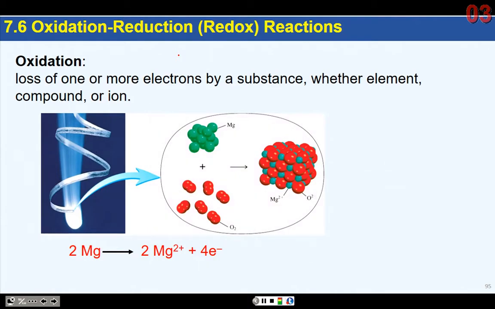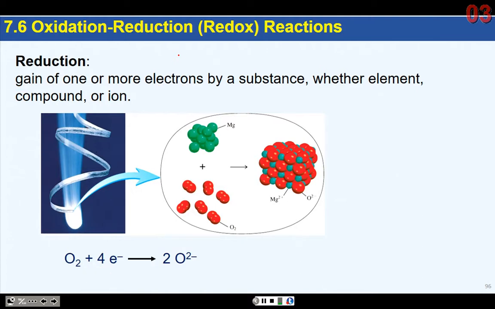So which part is oxidation, which part is reduction? Losing of 1 or more electrons is a definition of oxidation. And in this case, the magnesium is losing electrons to become a cation. So the magnesium loses electrons to become a magnesium cation.